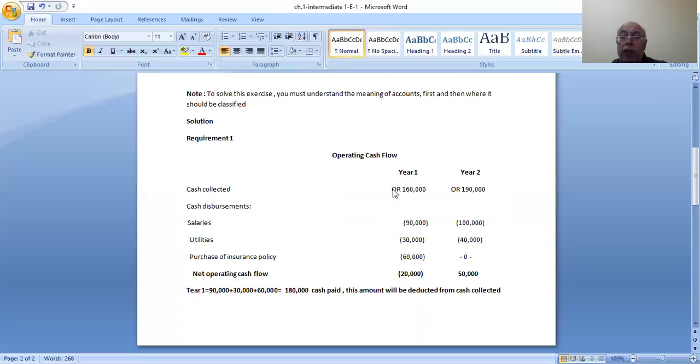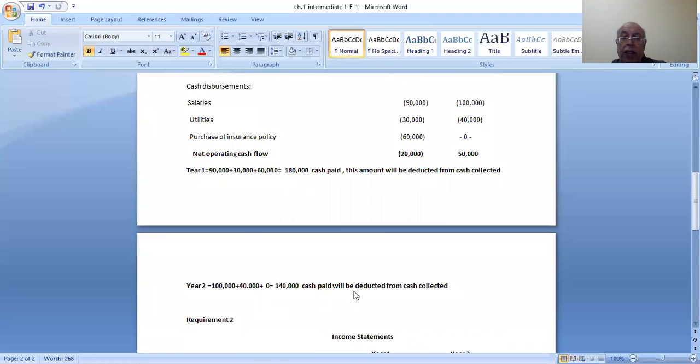The difference between 160 and 180 gives you 20,000. This is the operating cash flow. It is negative, not positive. But in year two, it was boosted by 50,000 since we took the summation of expenses, 100 plus 40 plus 0, which gives 140, and deducted this from cash collected, giving us 150,000 as shown in year two.